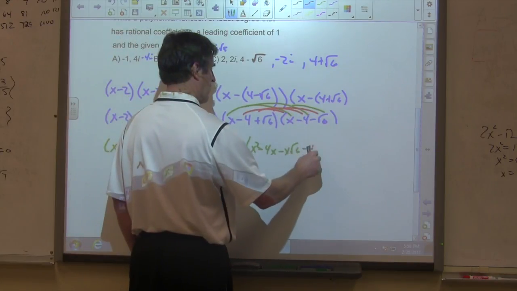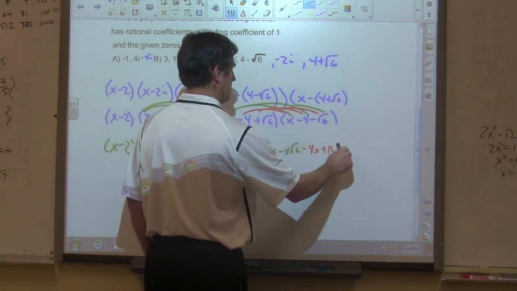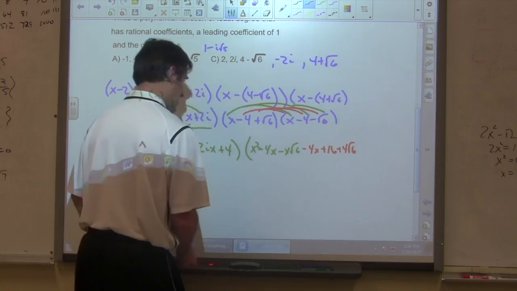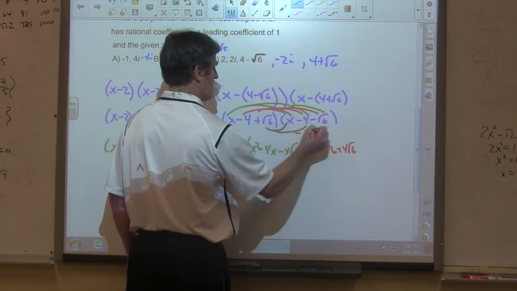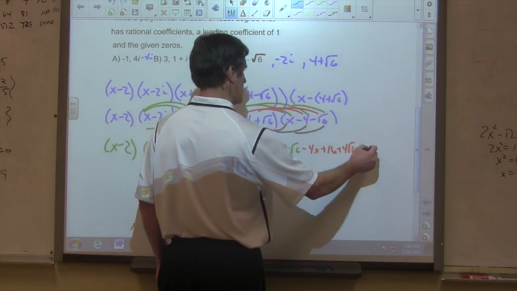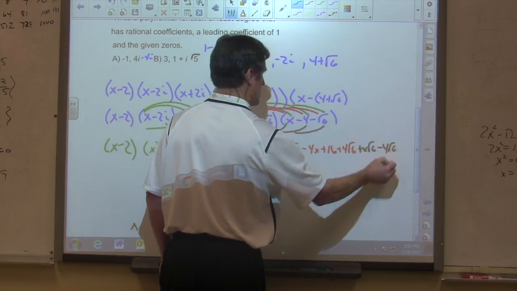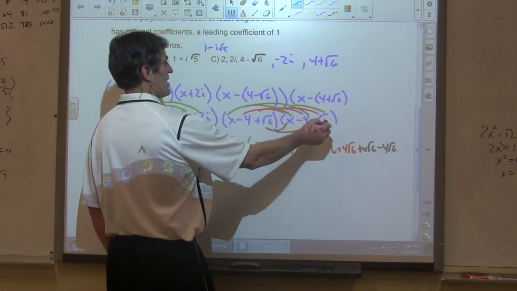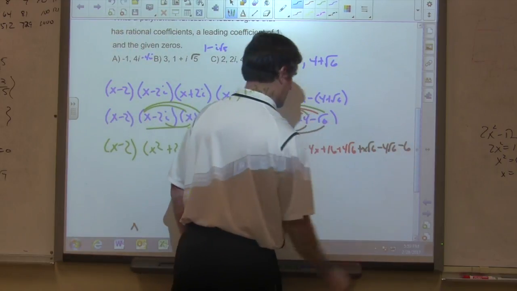So negative 4x plus 16 plus 4 square root of 6. And lastly, I'm going to take square root of 6 times everything. So I get plus x square root of 6 minus 4 square root of 6. And then remember, square root of 6 times square root of 6 is the square root of 36, which is 6. So minus 6.